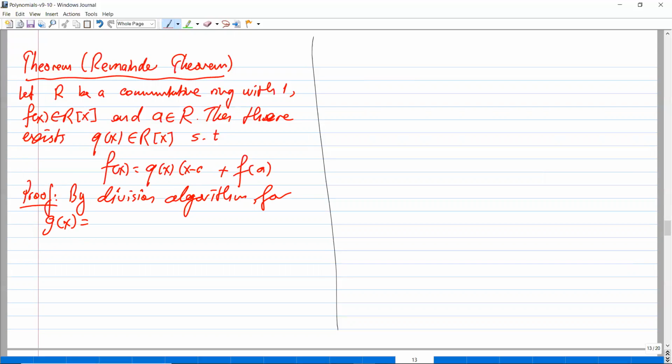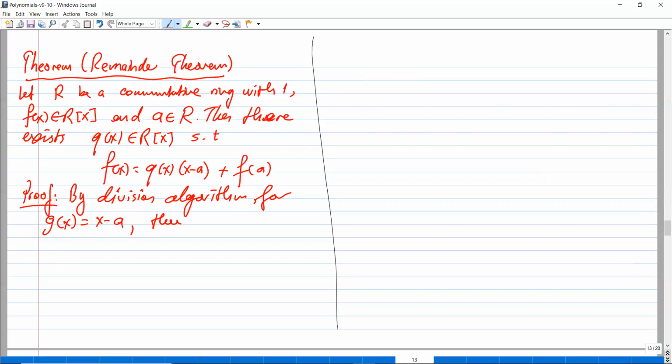Sorry. Yeah, here it's x minus a. There is no g of x in the theorem. So in the division algorithm, let's take g of x to be x minus a.